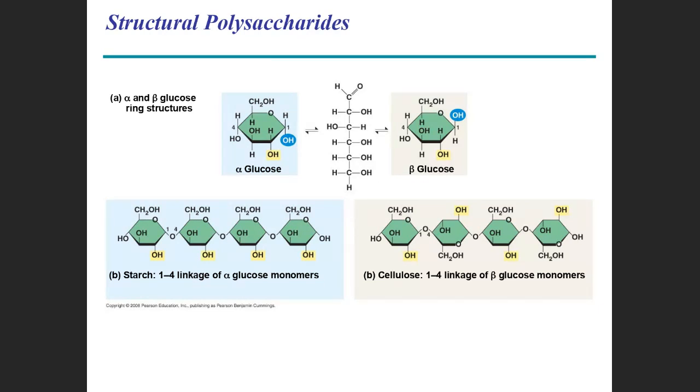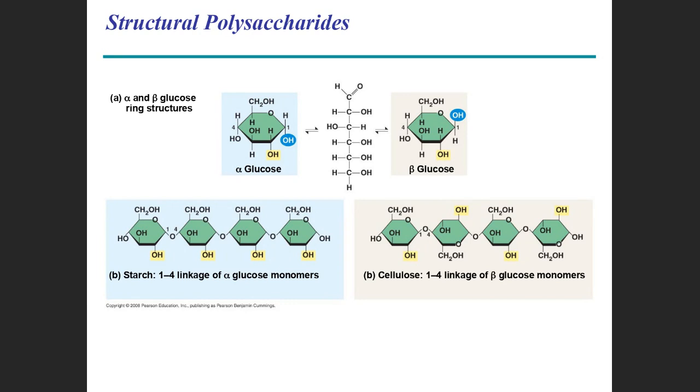So alpha glucose is the form that's found in starch and glycogen. Beta glucose is the form that's found in cellulose. When you join alpha glucoses together, you get what's called an alpha 1,4 linkage. When you join the beta glucoses together, you get what's called a beta 1,4 linkage.